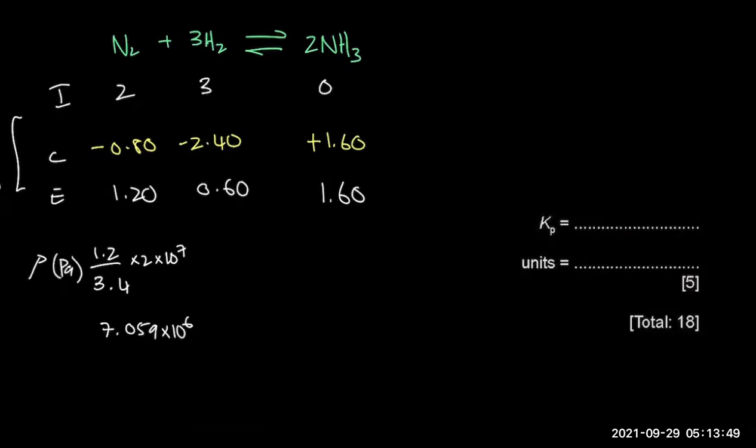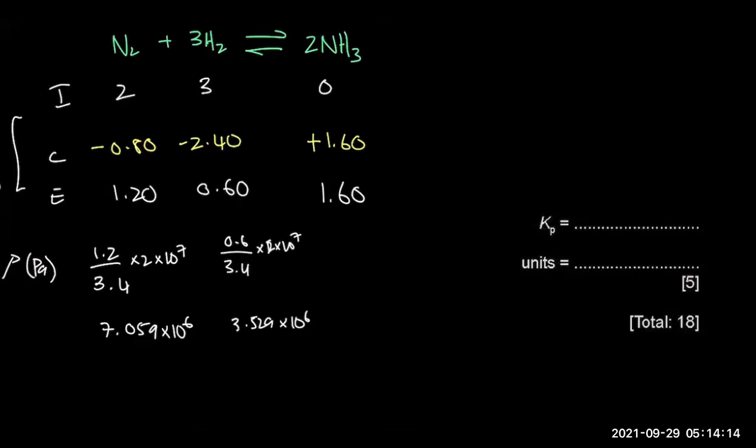Okay. Next one: 0.6 divided by 3.4 into 2 into 10 to the power of 7. What is it? 3.529 into 10 to the power of 6 pascals, right?